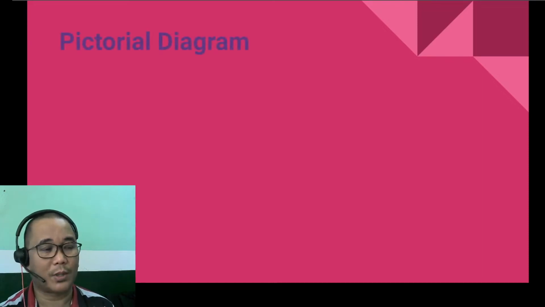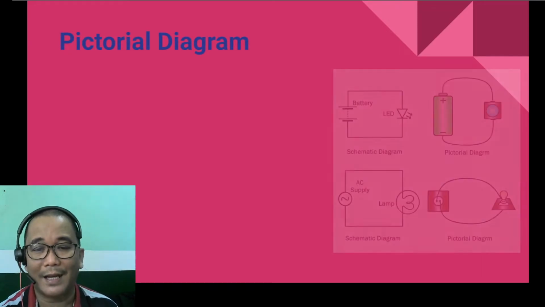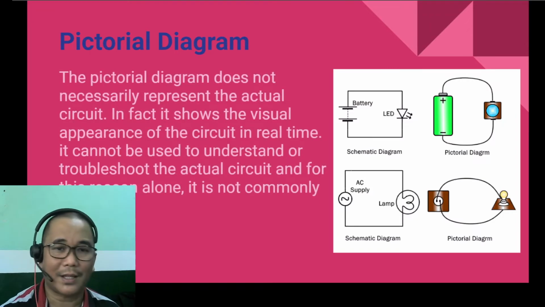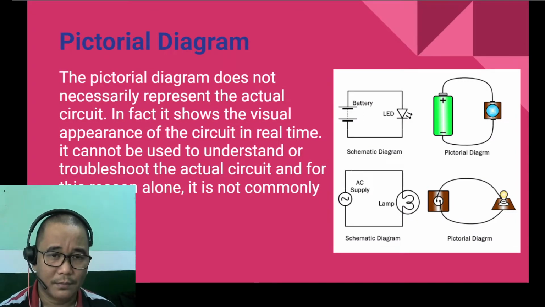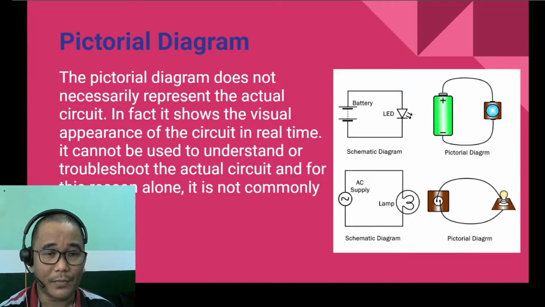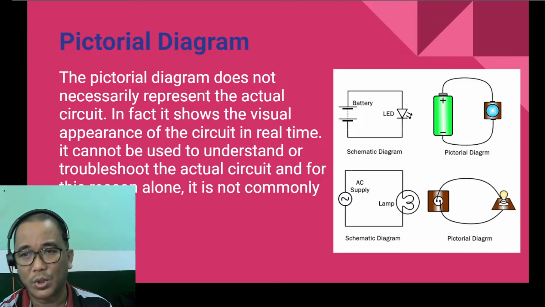The next one is what we call the pictorial diagram. The pictorial diagram does not necessarily represent the actual circuit. In fact, it shows the visual appearance of the circuit in real time. It cannot be used to understand or troubleshoot the actual circuit, and for this reason alone, it is not commonly used.